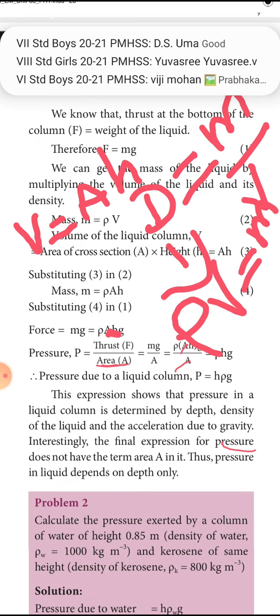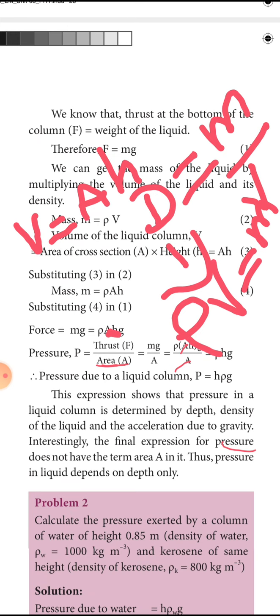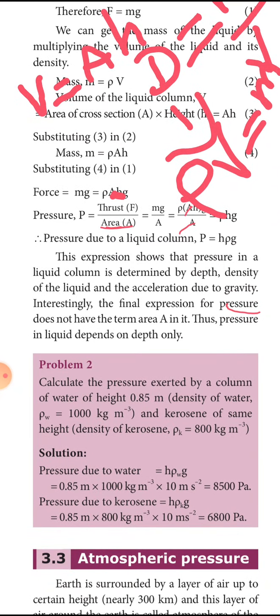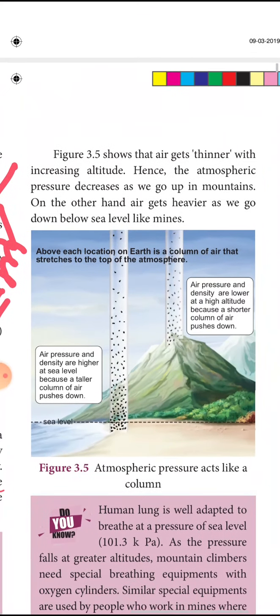After substituting all this in the force and cancelling A and A, we get a new formula for pressure: pressure is equal to H rho G. Using that, there is a small problem depending upon the height, density and gravity. Here the height is the same, density alone changes, and how the pressure value varies is given in this problem.